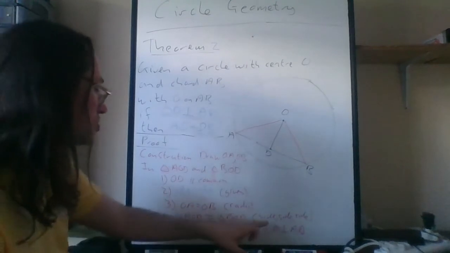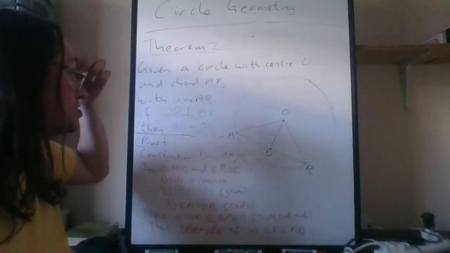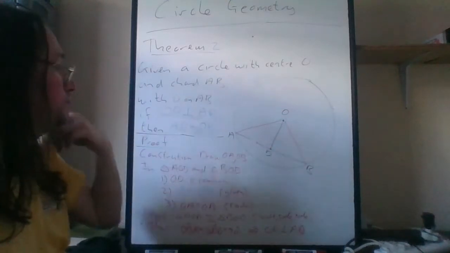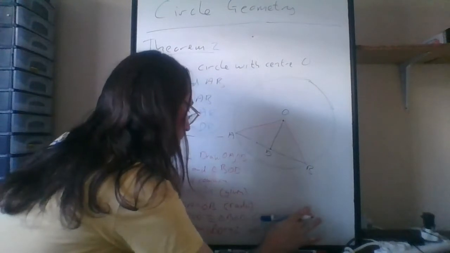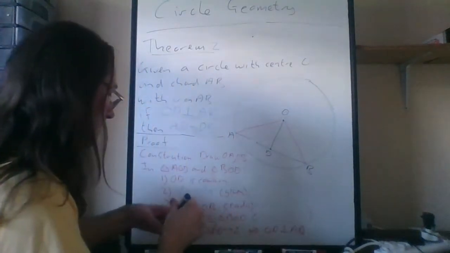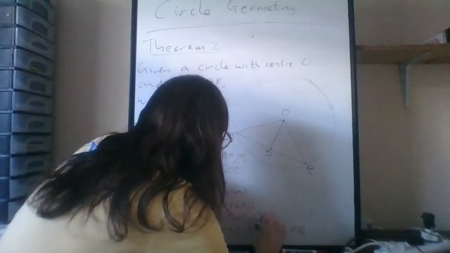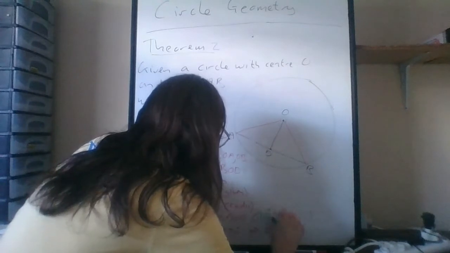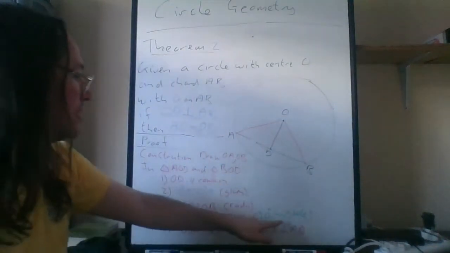Hence, the two triangles are still congruent. This time around, it's not side, side, side though. This time around, it's 90 degrees, hypotenuse and side.